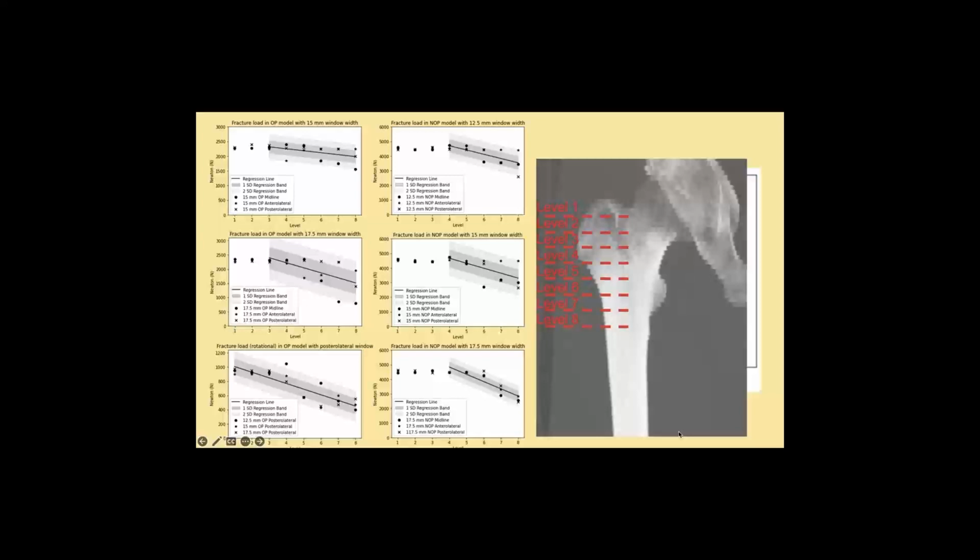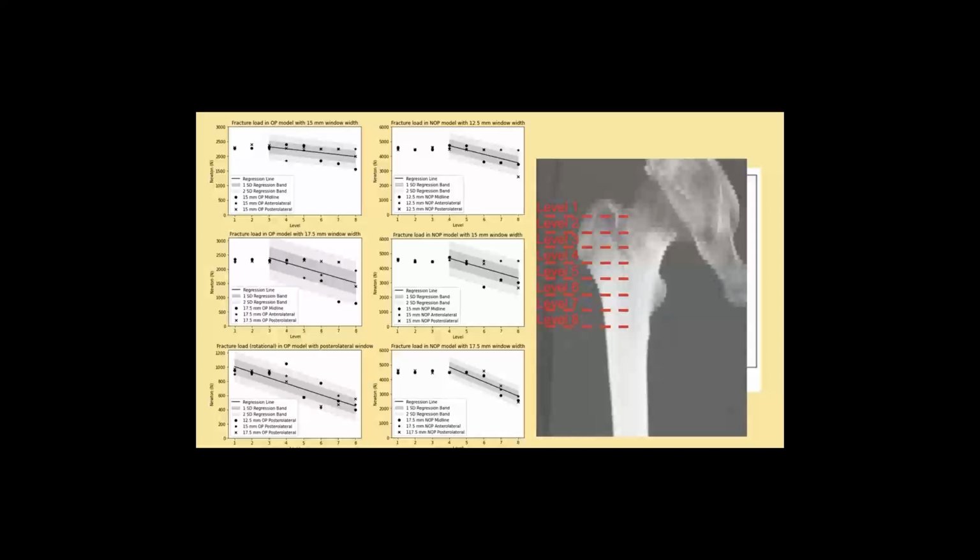These are some of our results. So, some interesting things to see here. The decrease in the femoral yield strength was similar in both osteoporotic and non-osteoporotic bone, in the sense that you can see the slopes of the fracture newtons were very similar.